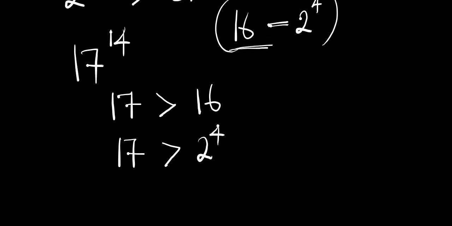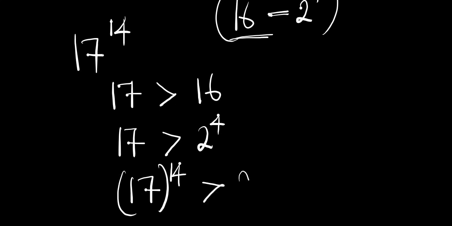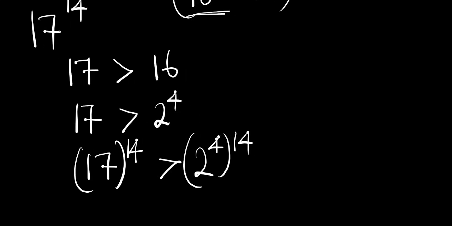So it simply means 17 to the power of 14 is greater than 2 to the power of 4 all to the power of 14. Now we are also going to make use of this identity as well.